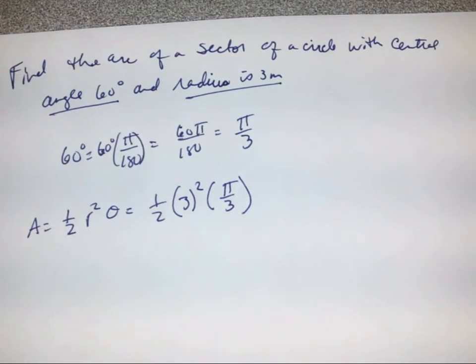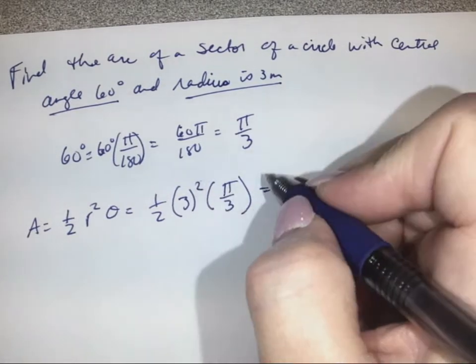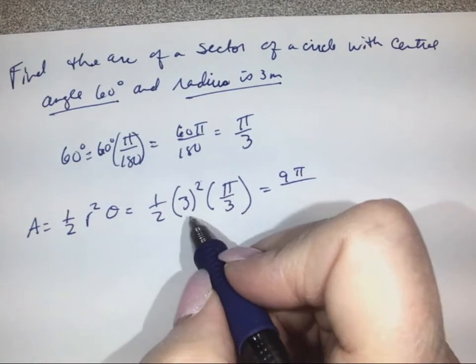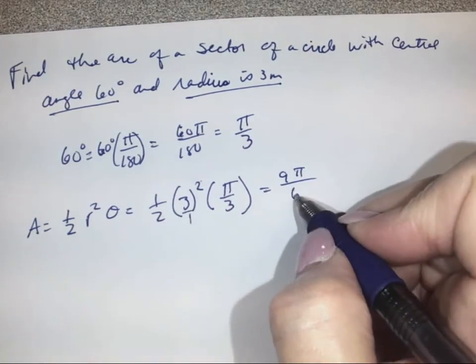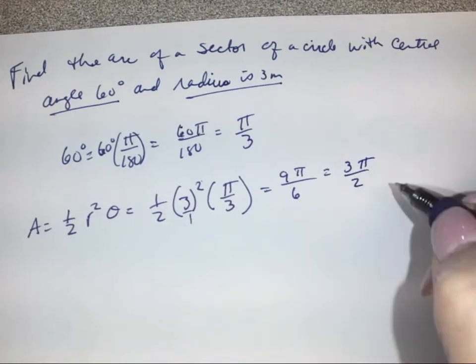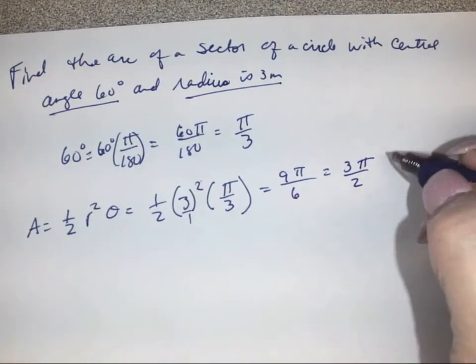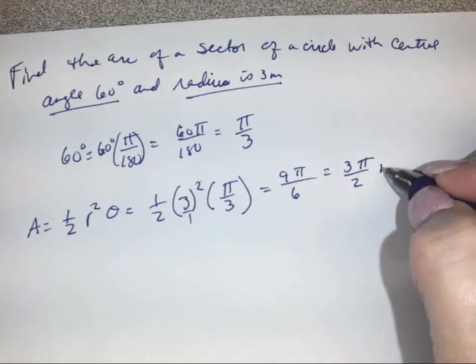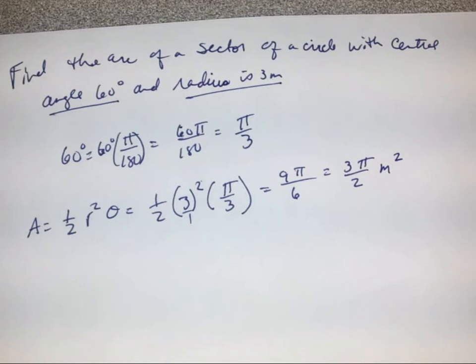The nice part about these is we can do a little bit of reducing if we wish, or we can just keep going along. So 3 squared gets us 9 pi, and 2 times 3, because remember this could be over 1, gets us 6. So that'll get us 3 pi over 2, because we can divide both by 3. Our radius was in meters, so this will be meters squared.